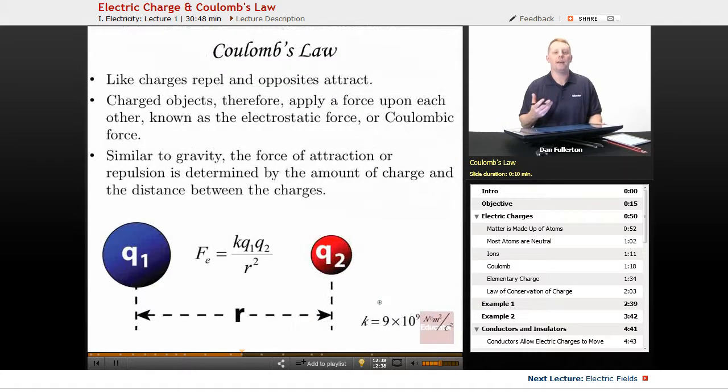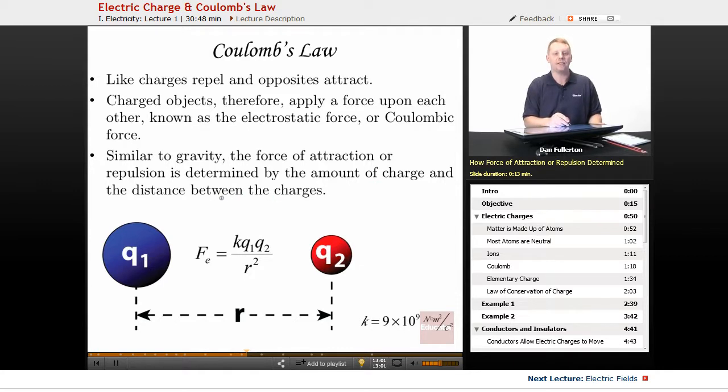So we've been talking about this force of attraction and repulsion between charges. Let's formalize that a little bit and see if we can't calculate it using what's known as Coulomb's Law. Charged objects apply a force upon each other, known as the electrostatic force, or sometimes called the Coulombic force. Similar to gravity, the force of attraction or repulsion is determined by the amount of charge and the distance between the charges.